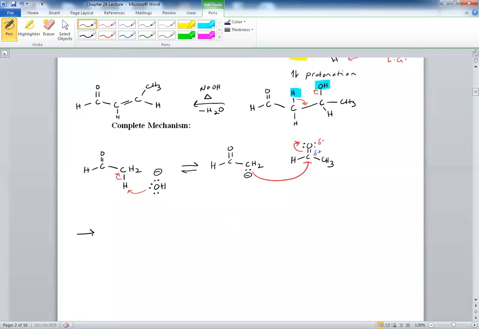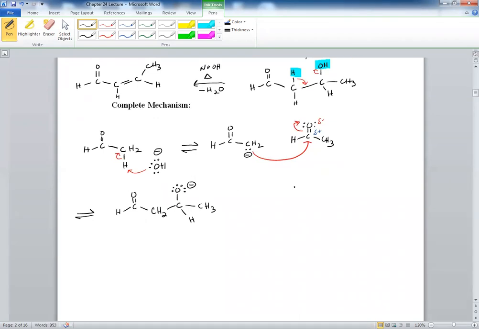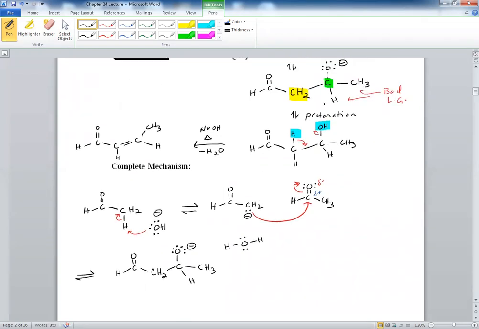Let's bring this down here for more space. Okay. So now we have to protonate. So we have water. That's basically this step right here.